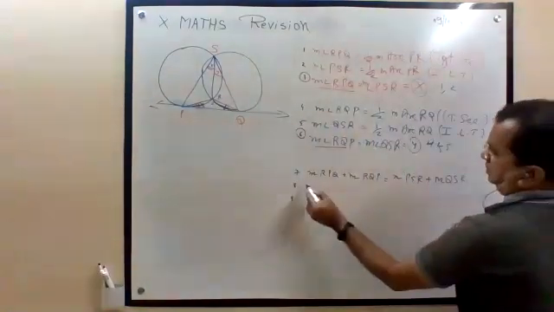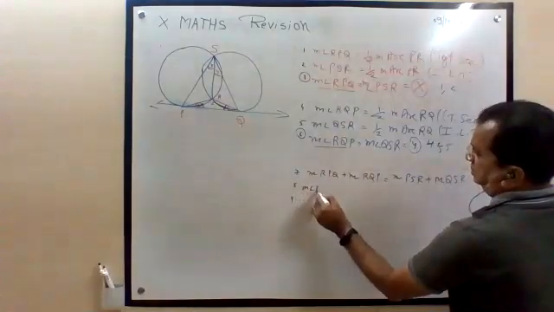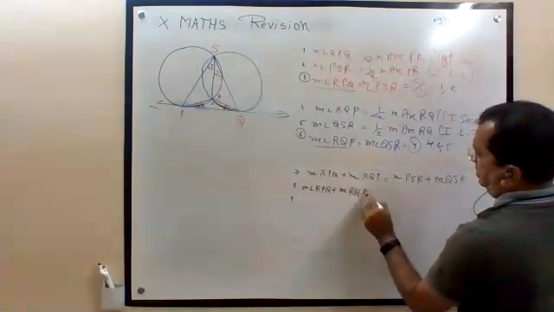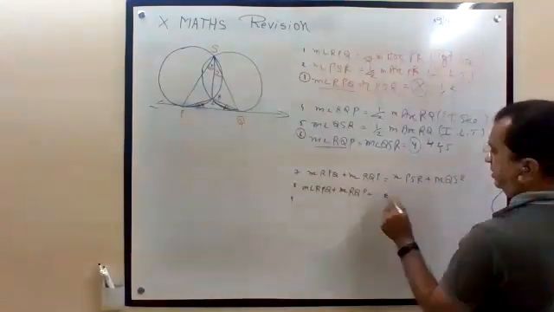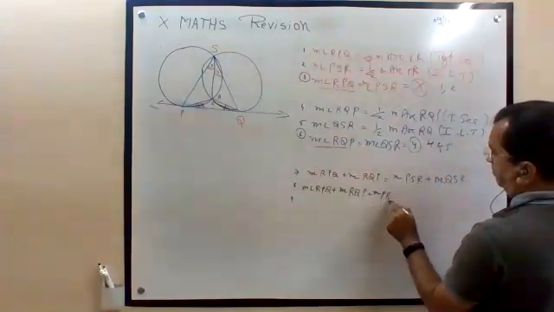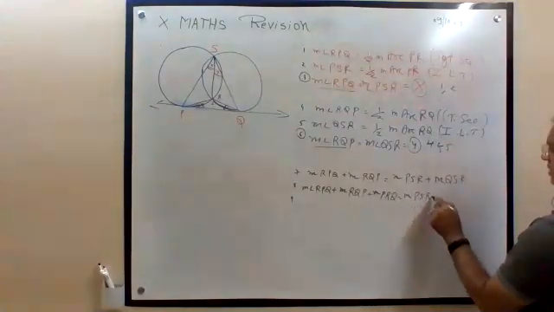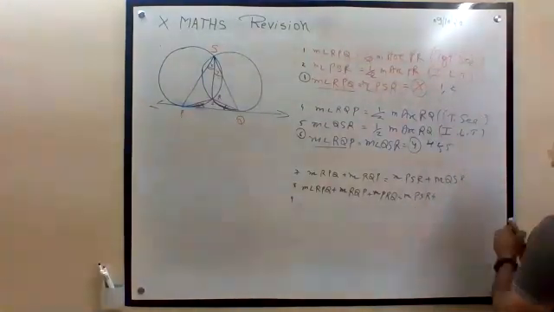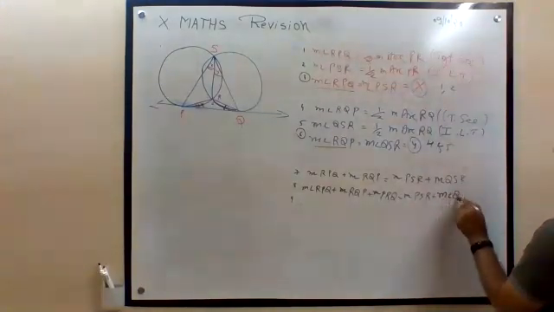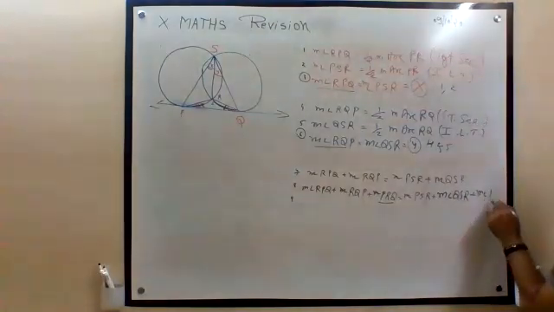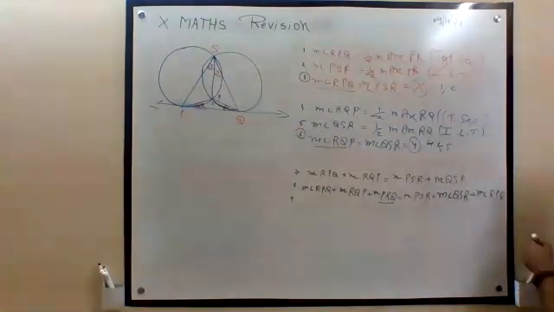So add Z on both sides. So measure angle RPQ plus measure angle RQP plus Z, that is PRQ, is equal to measure angle PSR plus measure angle QSR plus measure angle RPQ.